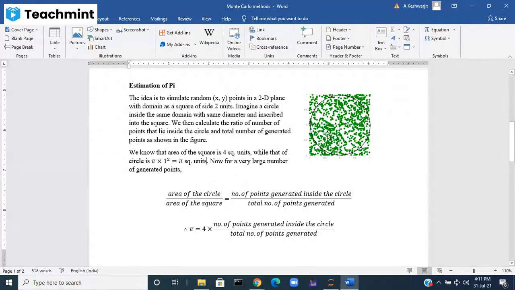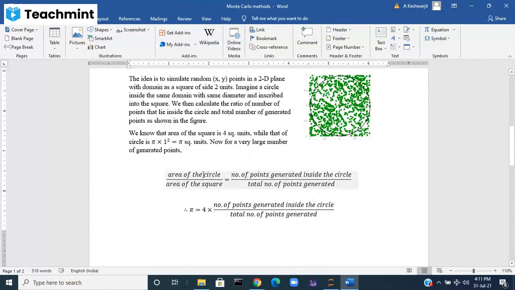Now we generate a very large number of random points inside this square. For a very large number of generated random points, the area of the circle divided by the area of the square should be equal to the number of points generated inside the circle divided by the total number of points generated, that is the total number of points that lie inside the whole square.